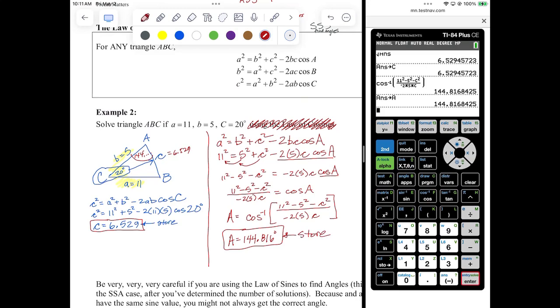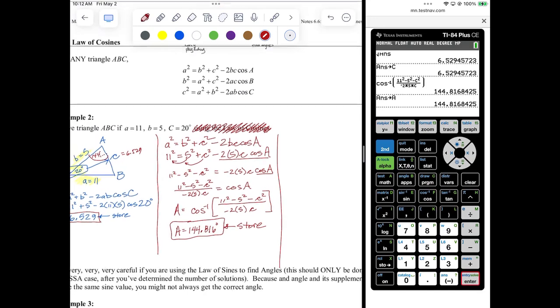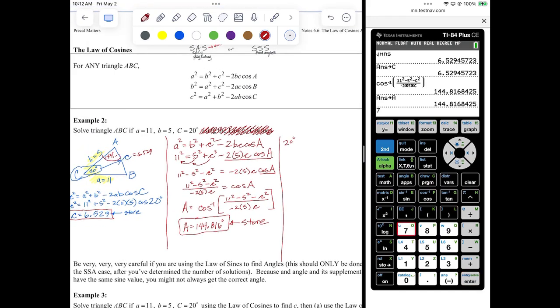Now that I have two angles, can I find the third by subtracting the sum from 180? Yes. If you'd like, you can also use the law of cosines again to find the other angle, but I'm not going to. So here's what I know: 20 degrees plus A plus B equals 180 degrees.